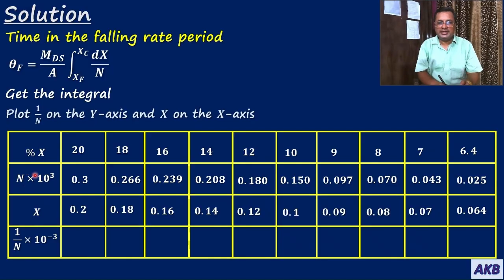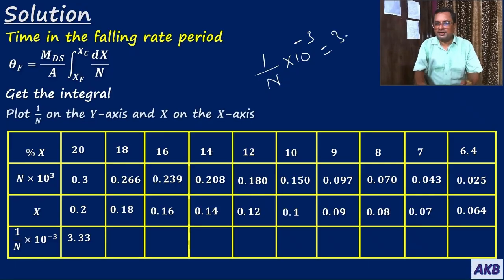Then 1 upon n. So we need 1 upon n. If you take the reciprocal of this, it will be 1 upon n, and the reciprocal of 10 to the power 3 will be 10 to the power minus 3. So basically in this case, we will be getting values of 1 upon n into 10 to the power minus 3. For example, the first value is 3.33. So 1 upon n is actually 3.33 into 10 to the power 3.